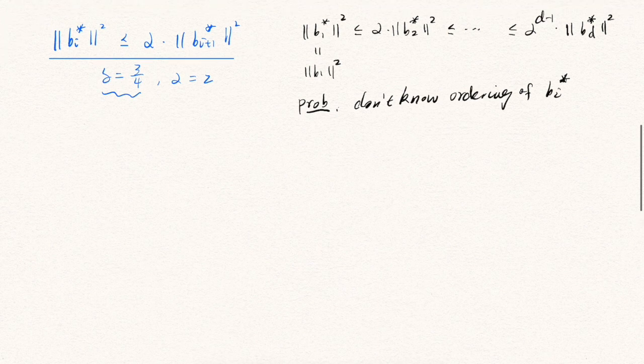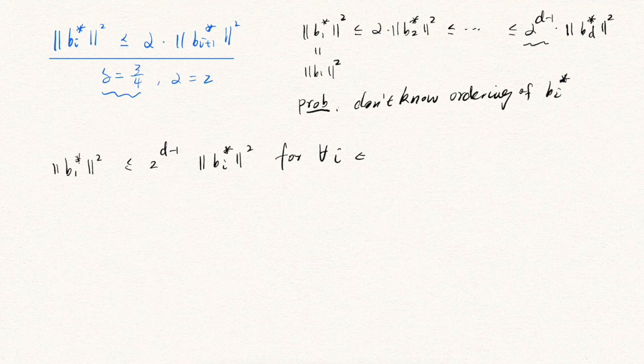So what we can say is a worst-case upper bound. The first one is definitely smaller than the worst-case approximation factor, alpha to the D minus 1, times Bi star square for all i equals 1 to D. We can say this because we don't know the ordering of the values, but given the worst approximation factor at the front, this is definitely true. I think this is trivial.